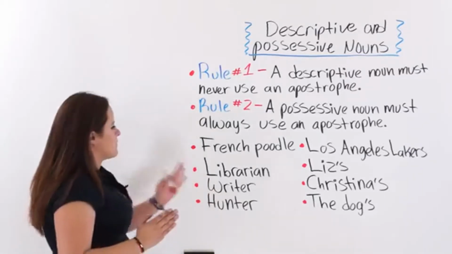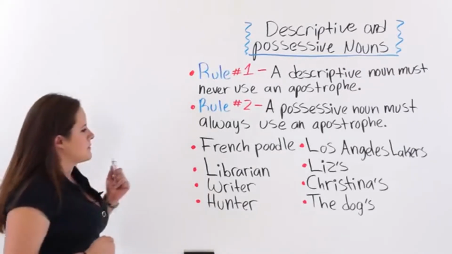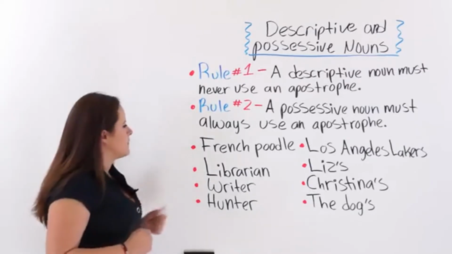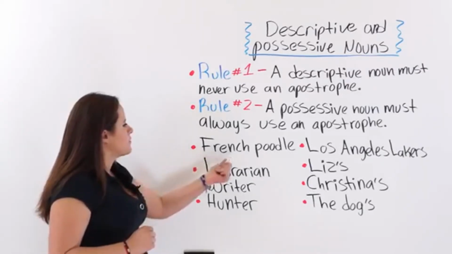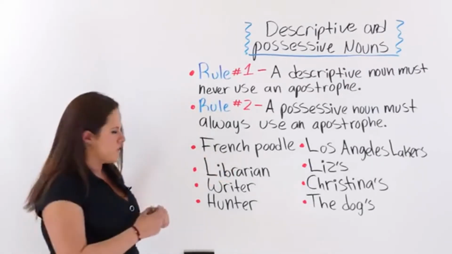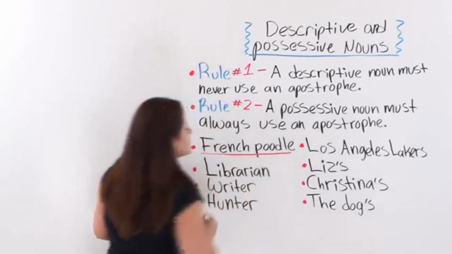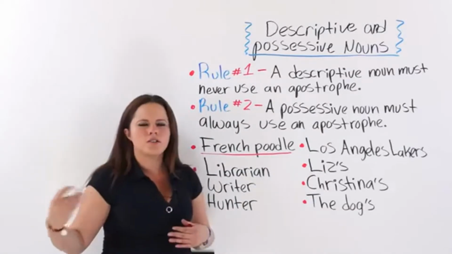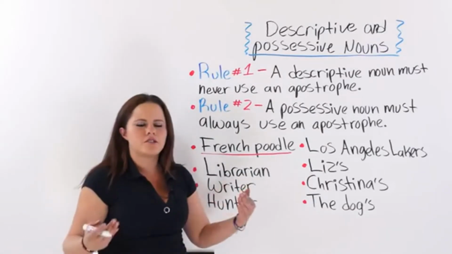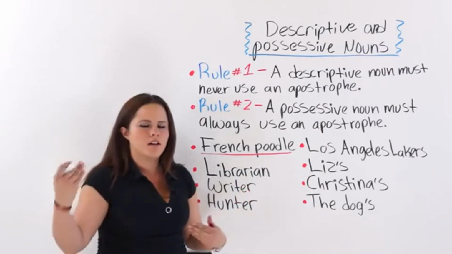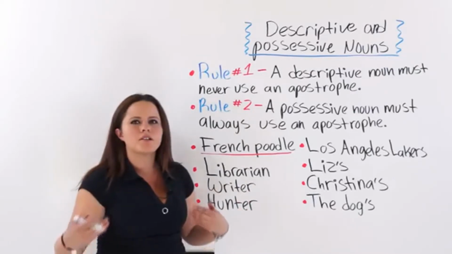Alright, I have 8 descriptive and possessive nouns here written. The first one is French poodle. This is a descriptive noun. Why? Because if you said the small dog, it would be an adjective plus the noun. But we want a descriptive noun.